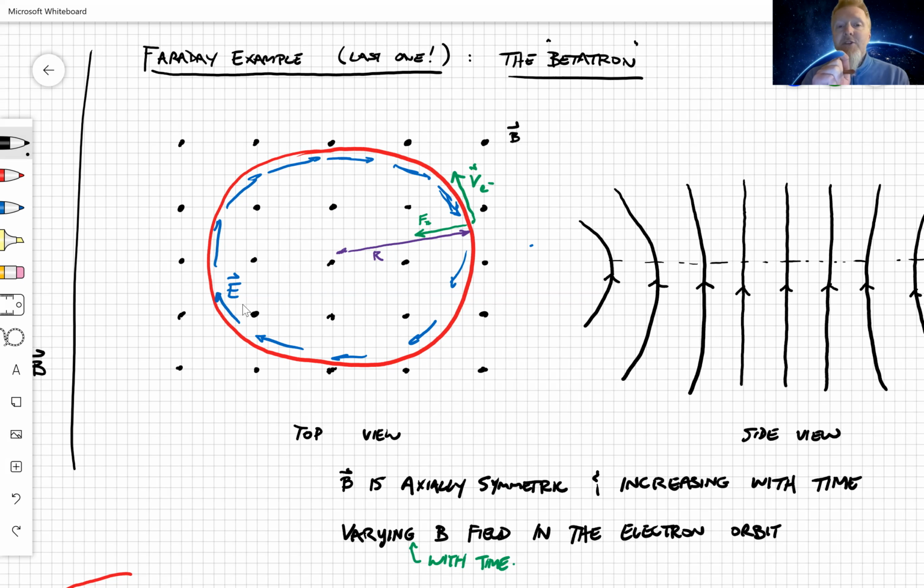The force on this charge due to the electric field is tangent and is that way. And it consequently speeds it up. So this is the tangential acceleration.